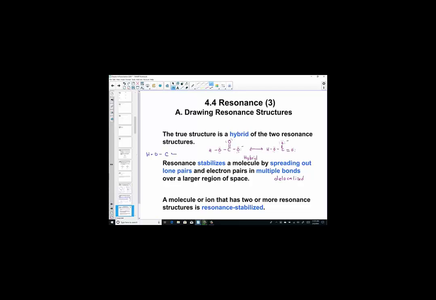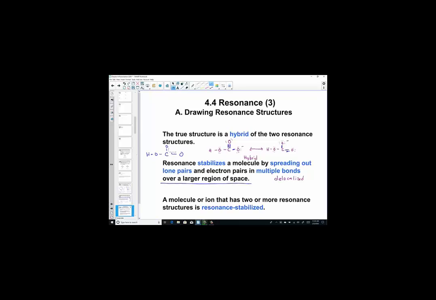From carbon to both oxygens have a delocalized double bond, and I'm going to draw dashed lines to let you know that it's not really a double bond in this direction, single. It's not really a single and then a double in this direction, but that shared pair of electrons is being spread evenly, delocalized across multiple atoms of the same size.